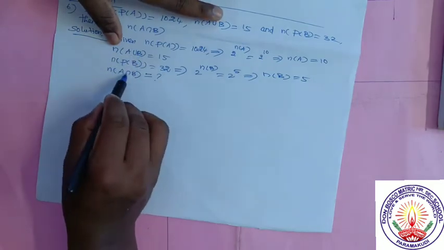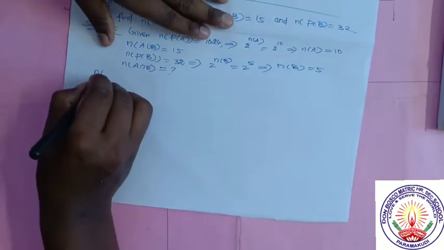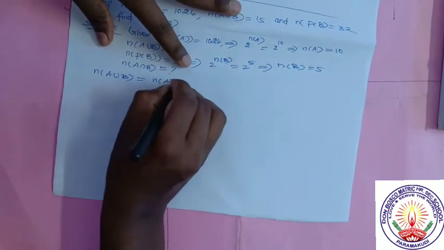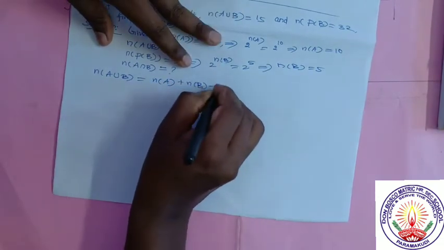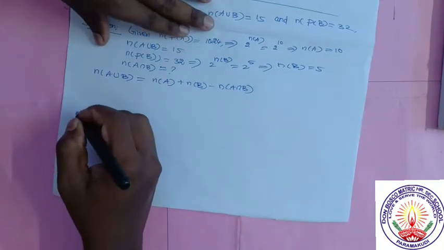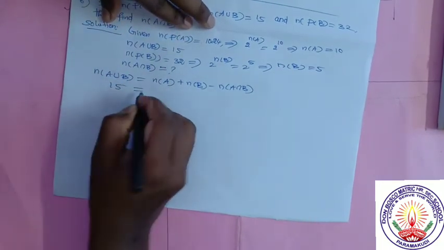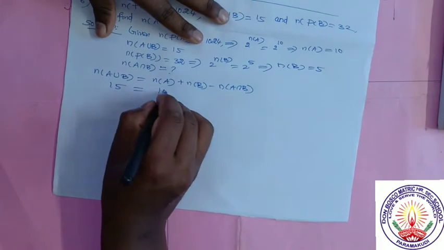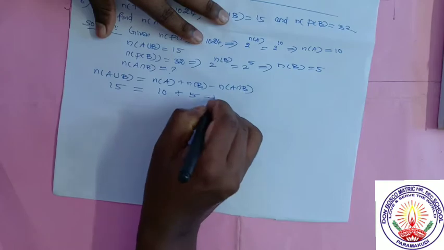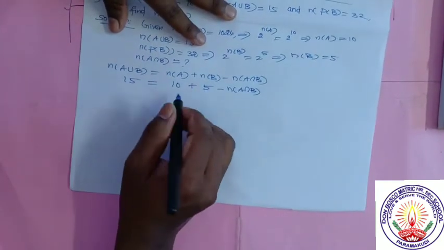Our question is n of A intersection B. Then what is the relation between these? We know the formula: n of A union B is equal to n of A plus n of B minus n of A intersection B. Apply the values. n of A union B is 15, which is equal to n of A is 10 plus n of B is 5 minus n of A intersection B. Now 10 plus 5 is equal to 15.